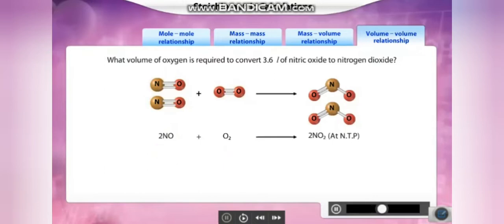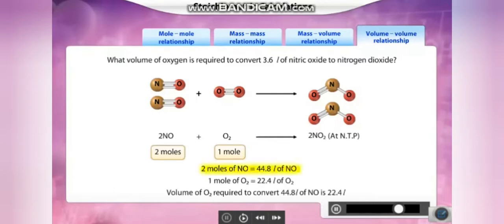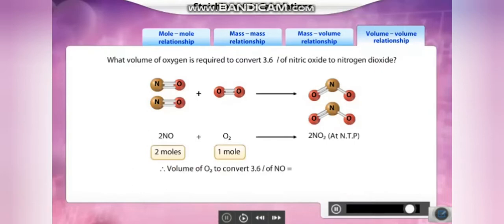According to the balanced chemical equation, 2 moles of nitric oxide react with 1 mole of oxygen to give 2 moles of nitrogen dioxide. The volume occupied by nitric oxide is 44.8 liters and that occupied by oxygen is 22.4 liters. Thus, the volume of oxygen required to convert 3.6 liters of nitric oxide to nitrogen dioxide is 1.8 liters.